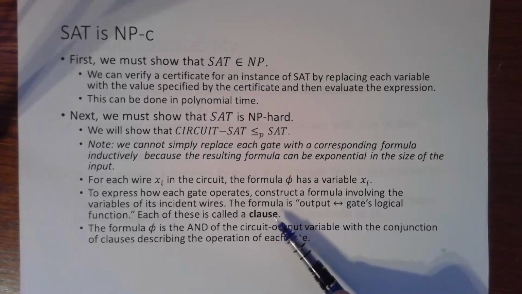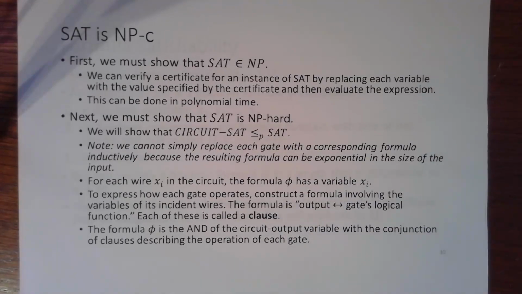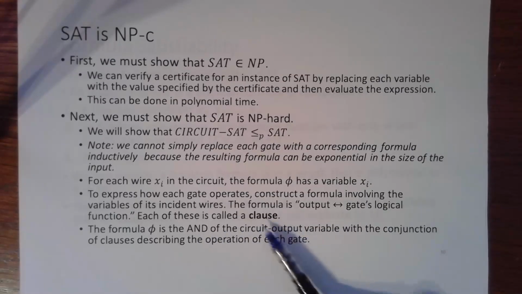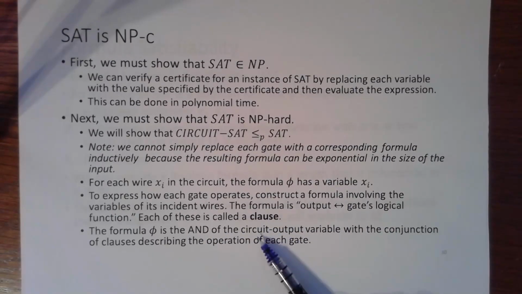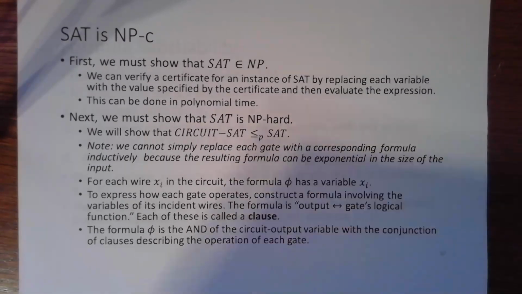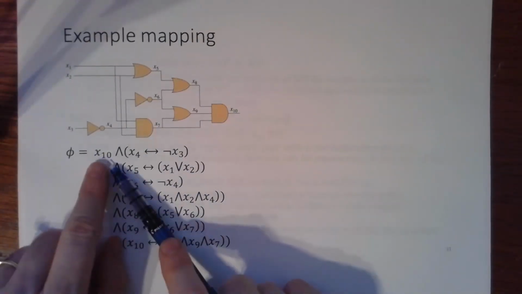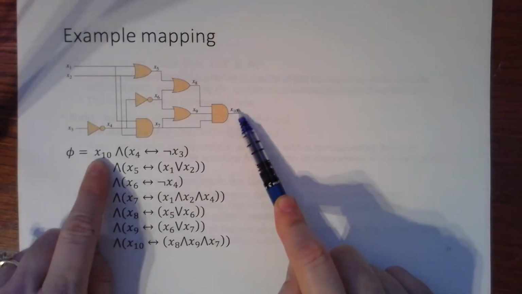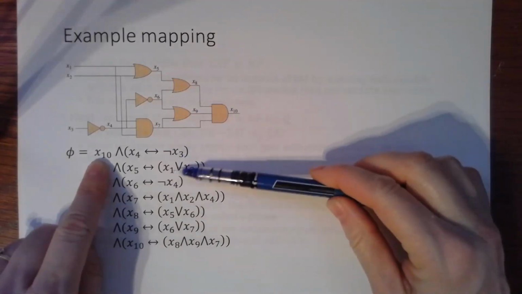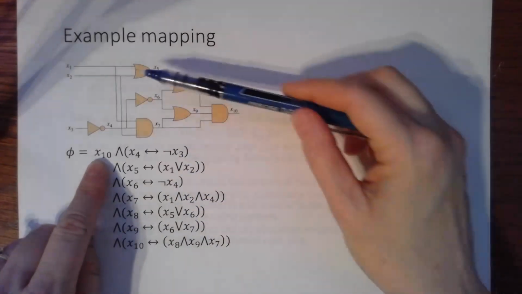Each of those is a clause, and the final formula is the AND of all of those clauses as well as the output of the circuit. So here is the output, x10, and we AND that with all the clauses that represent each of the gates.